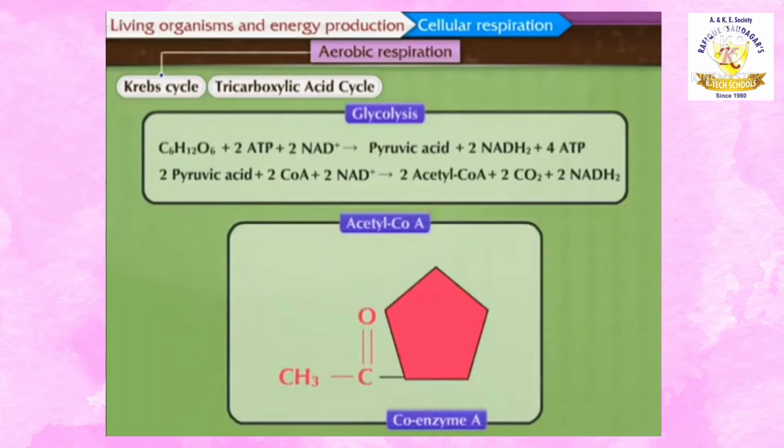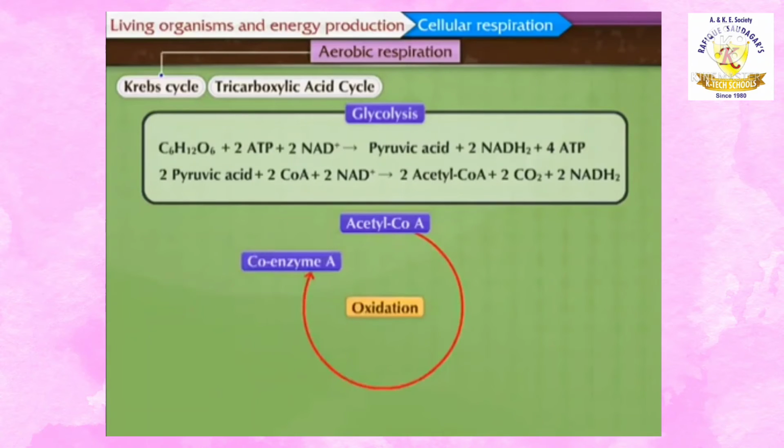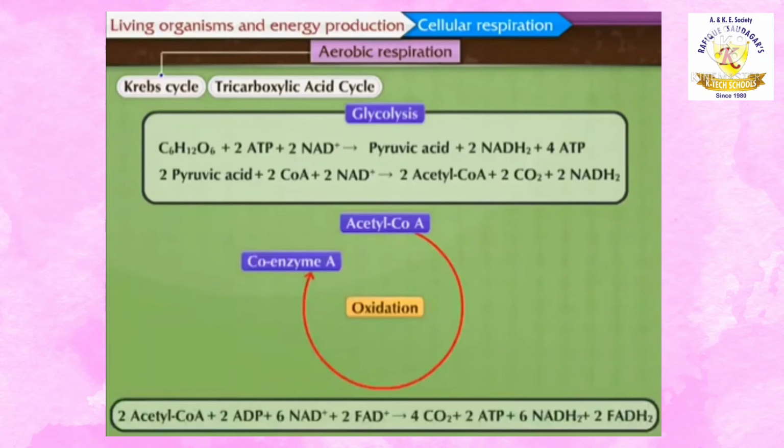The acetyl part of acetyl coenzyme A is completely oxidized through this cyclical process, and molecules of carbon dioxide, water, NADH2, and FADH2 are derived and energy is released.